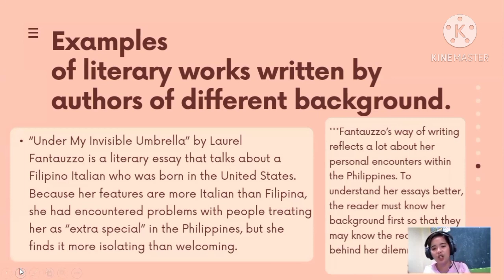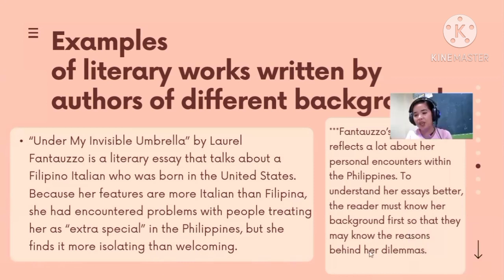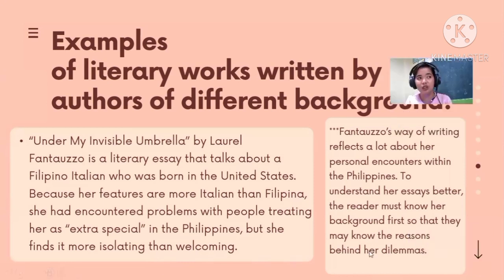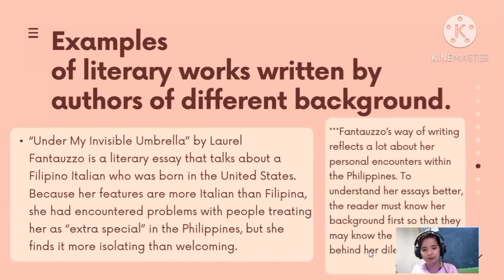But for her, the story is somewhat extra special. But for her, it's more isolating than welcoming. So, Fantauso's way of writing reflects a lot about her personal encounters within the Philippines. So, to understand her essays better, the reader must know her background about being a Filipino-Italian so that they may know the reasons behind her dilemmas.